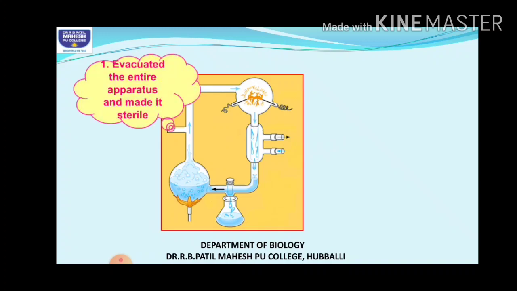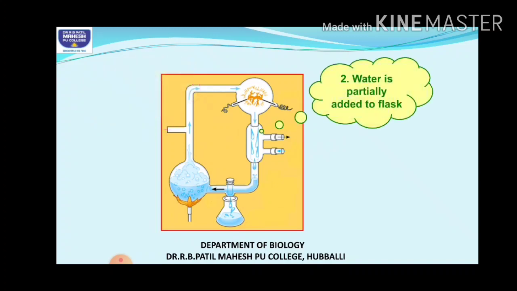So first they evacuated, that is they completely made it empty. That whole apparatus was completely emptied and it was sterilized. It was made sterile. Why? So that no dust particles or no microorganisms were present in that apparatus.